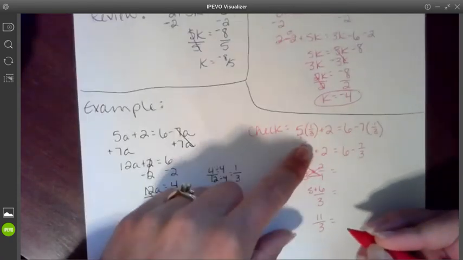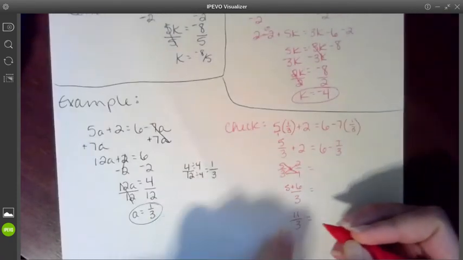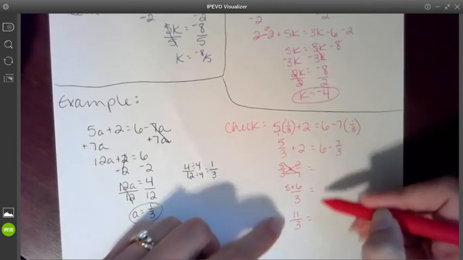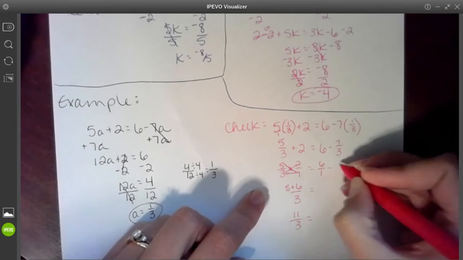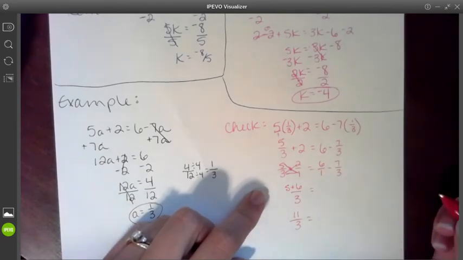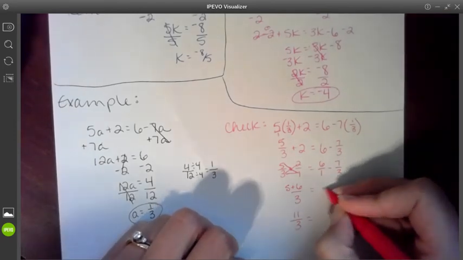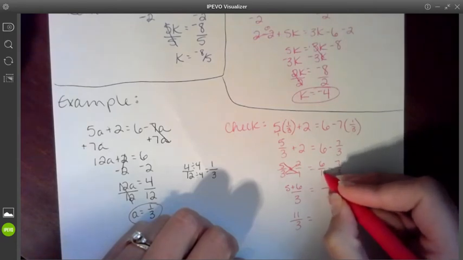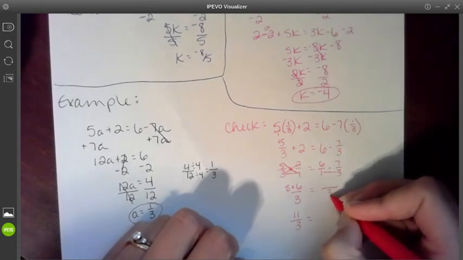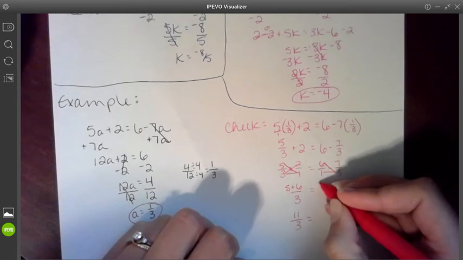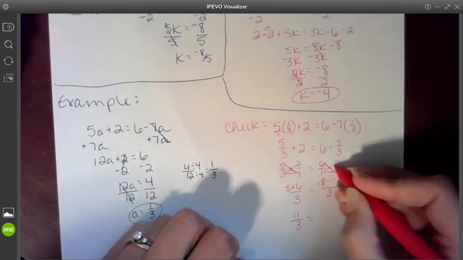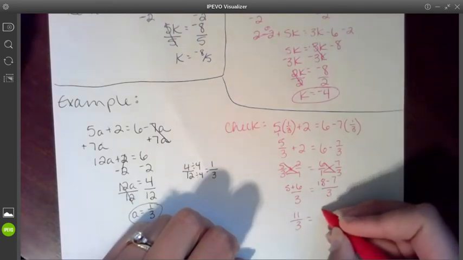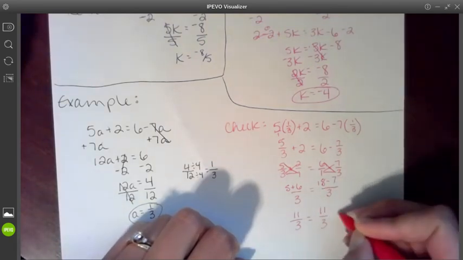Okay, so I did this side. Now let's see if this will also get us 11 over 3. So I'll write it as 6 over 1 minus 7 over 3. We'll do the butterfly method again to get our new fraction here. Multiply the bottoms. 1 times 3 is 3. 6 times 3 is 18. We're subtracting, so minus 1 times 7 is 7. 18 minus 7 is 11. 11 over 3.